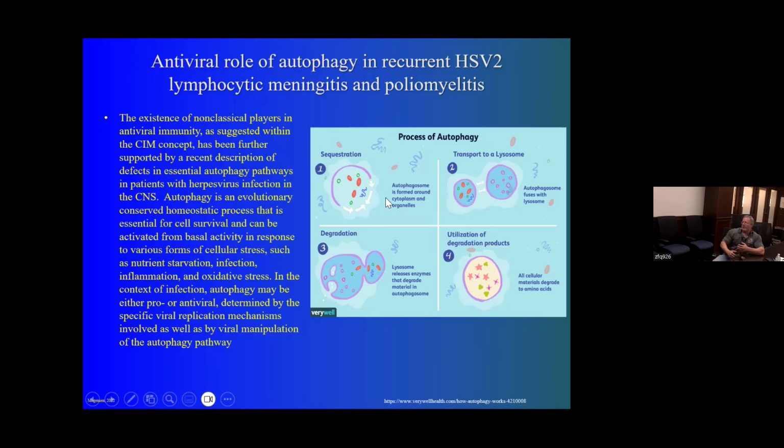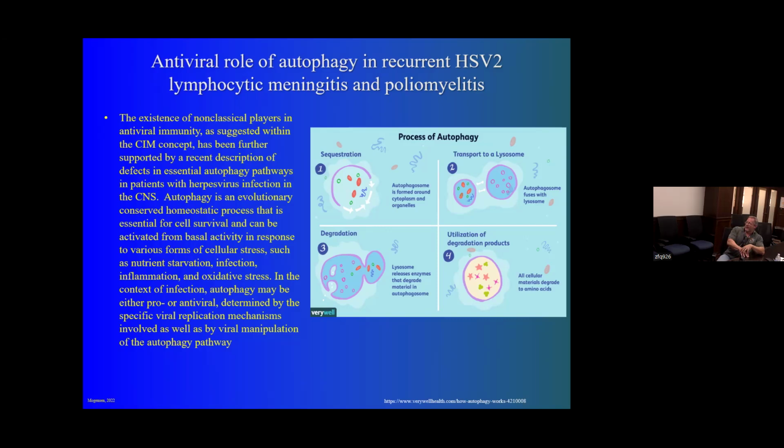So autophagy in many respects can be looked at as kind of like the recycling process for the cells, for the body. Cell gets hurt, rather than destroy the entire cell and lose everything, let's recycle it and use those products to make new cells. So under normal circumstances, this process of recycling is going to occur over and over with no issues.